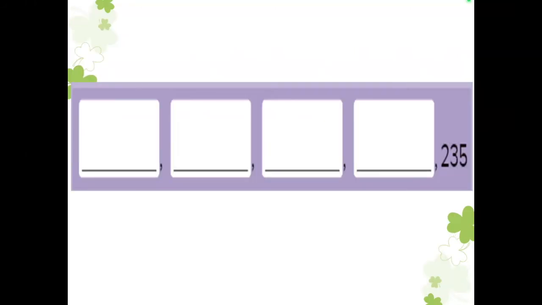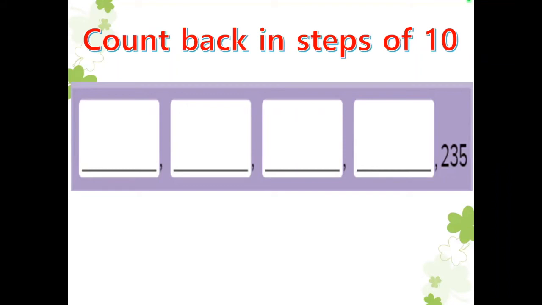For example, what we are going to do here is we're going to count back in steps of 10. So the number that you can see here is 235. So what we are going to do next is we're going to count backward by 10.